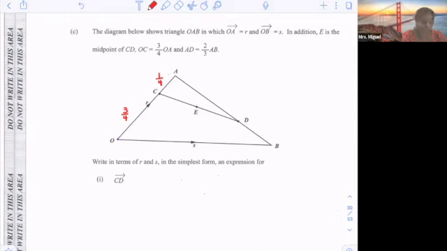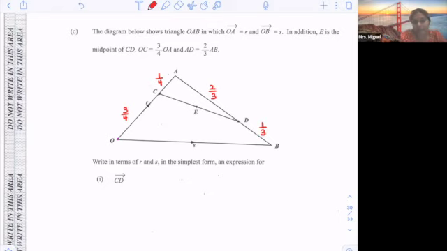Yeah. AD is 2/3. So how much would BD be? If here is 2/3, how much again to make a whole? 2/3 plus how much? 1/3. So that is some information we can put in our diagram.